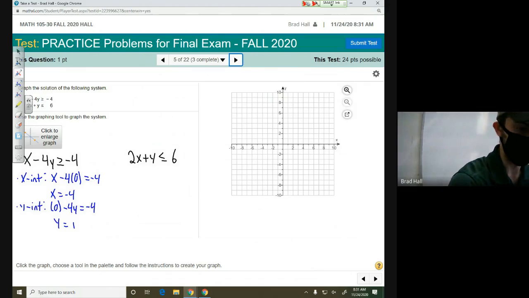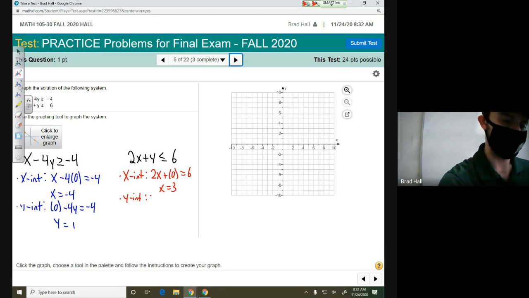I'm going to go ahead and do the same thing for the other one as well. We'll find the x-intercept and the y-intercept for this one. The x-intercept, you set y equal to 0. So we're going to get x is 3 ultimately. And the y-intercept, set x equal to 0, y is 6.